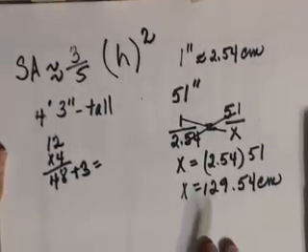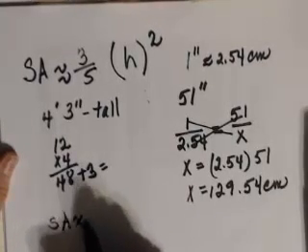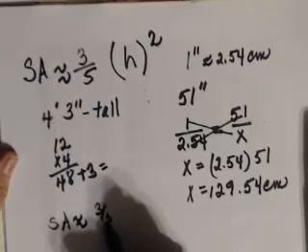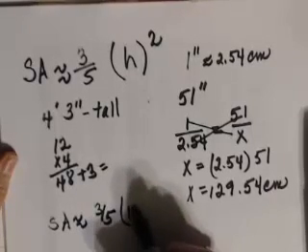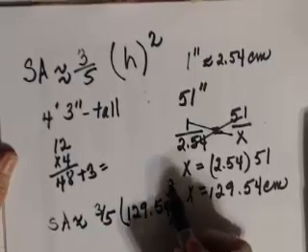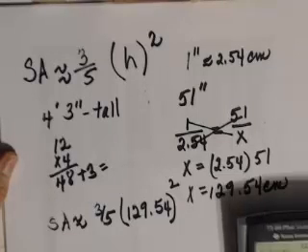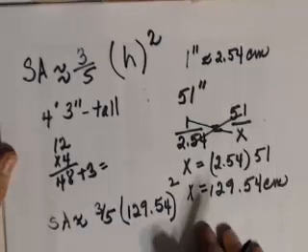So to estimate our surface area, I would take 3/5 times 129 54/100 squared. And then multiply that by 3/5. 3/5 is 6/10.